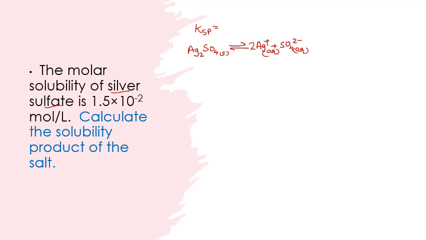And then we should know how to write the Ksp expression. We know products over reactants. We don't need the reactants because it is solid. So we will just write the products. So we can write Ag+ to the power 2, since we have a coefficient of 2, and SO4 2-. That is our expression.